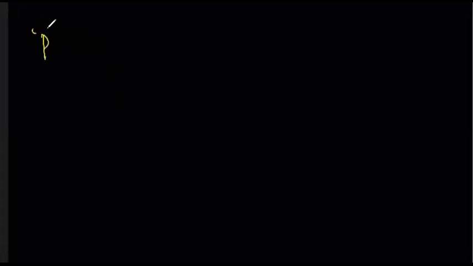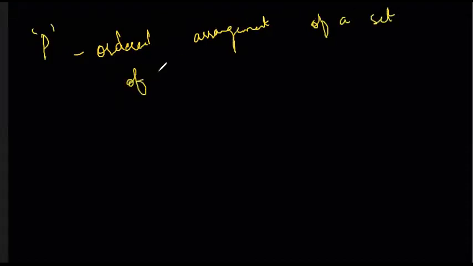If I'm denoting it with P, it is the ordered arrangement of a set of distinct objects. That is, the objects should be distinct whenever we are talking about permutations.